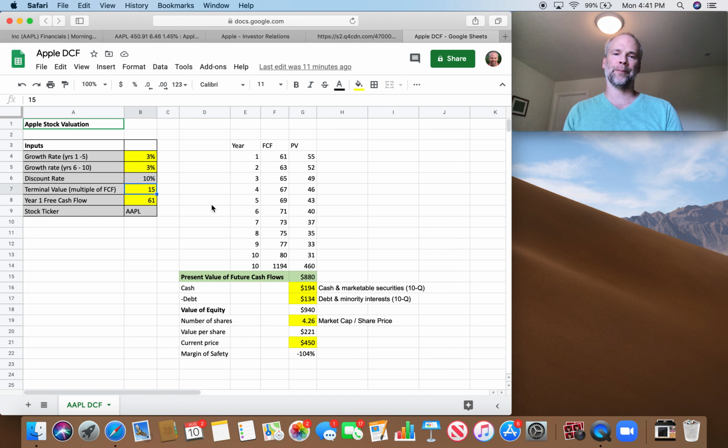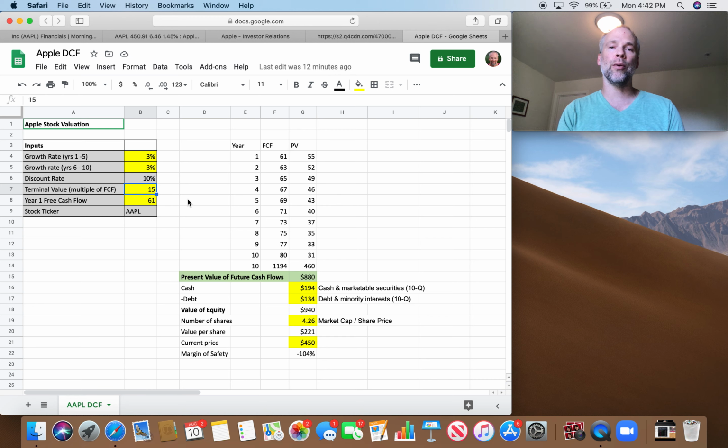Terminal value. So for this exercise, we're assuming after year 10, we're going to sell the business for a multiple of the free cash flows in year 10, okay? And we're going to use a 15 times multiple. Monish Pabrai suggests 15 for a great business, and it would be closer to a 10 multiple for a mediocre business.